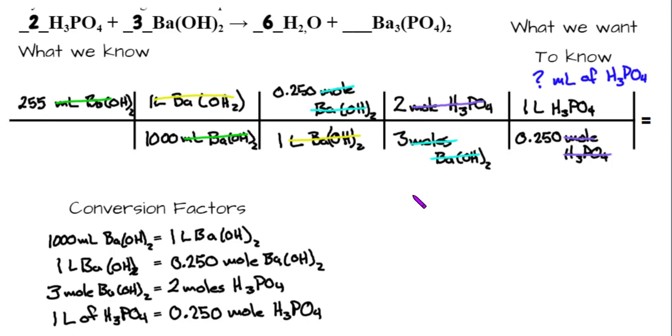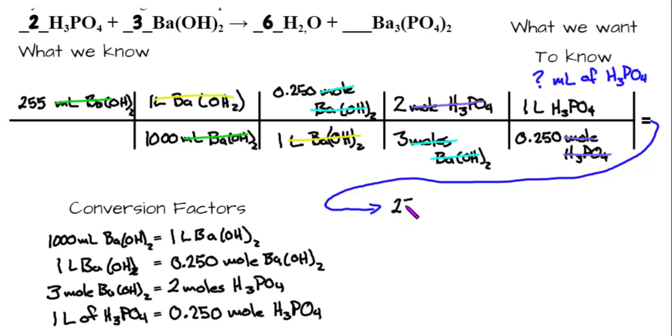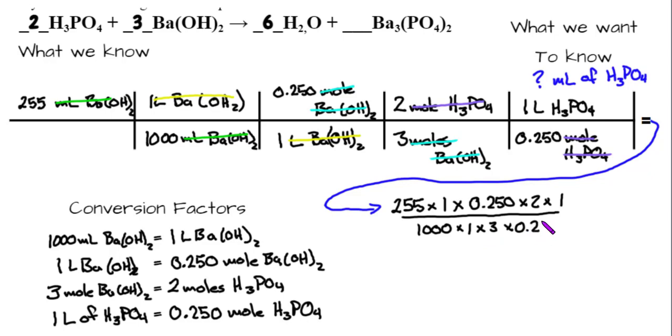So starting here, the math that I'm going to do, I'm going to kind of circle back around here, is 255 times 1 times 0.250 times 2 times 1, all of that over 1000 times 1 times 3 times 0.250.